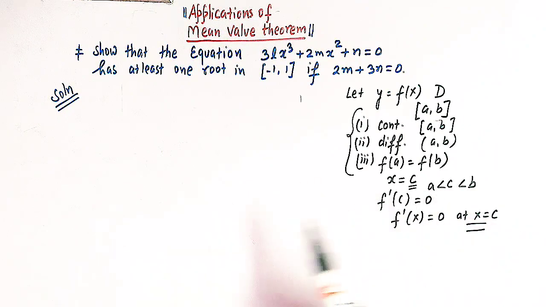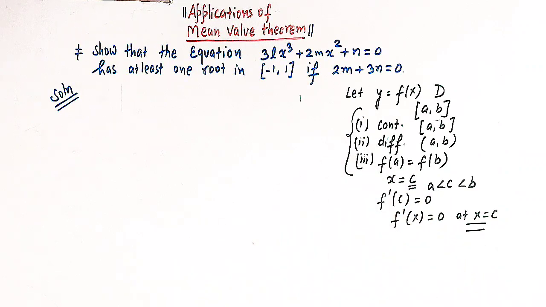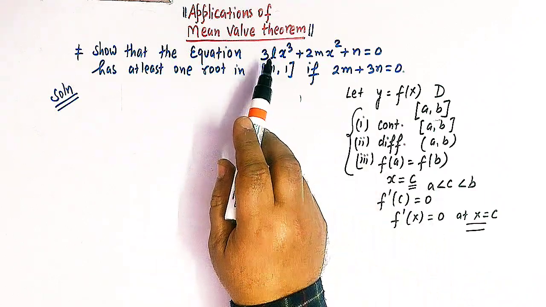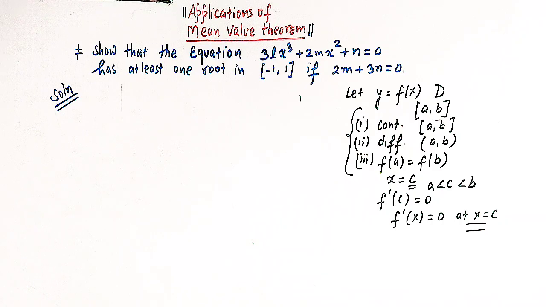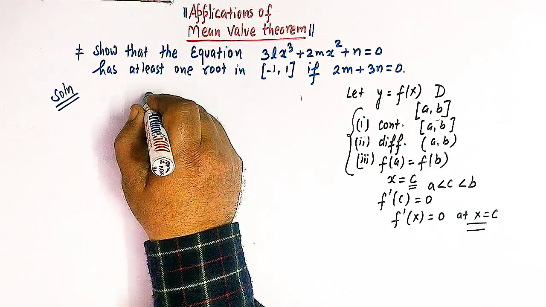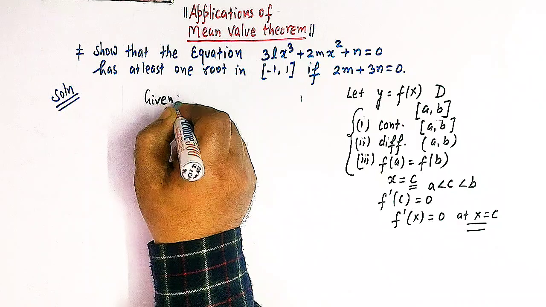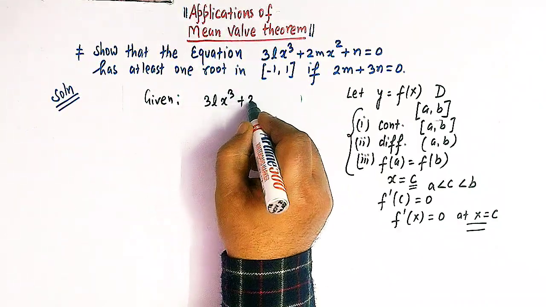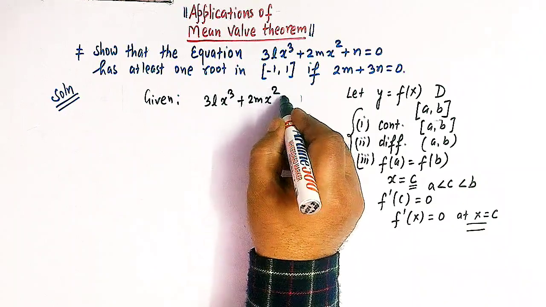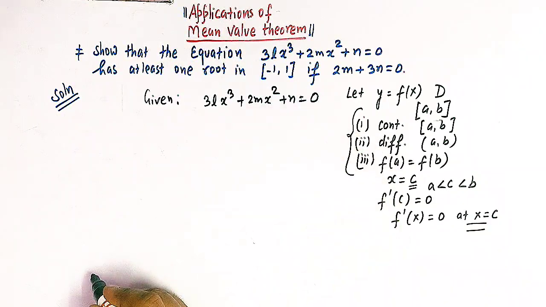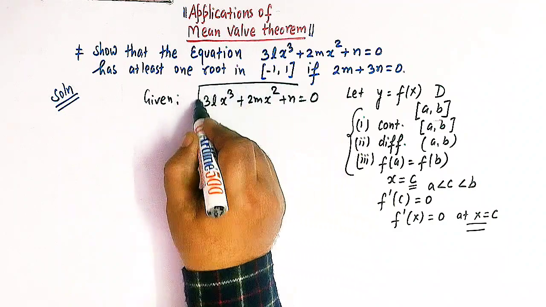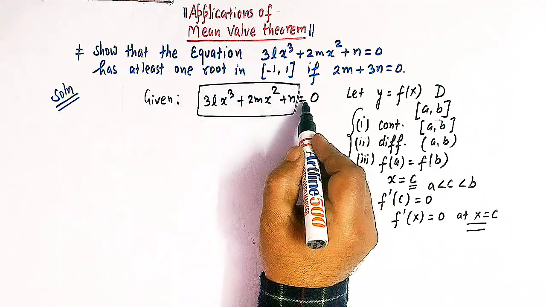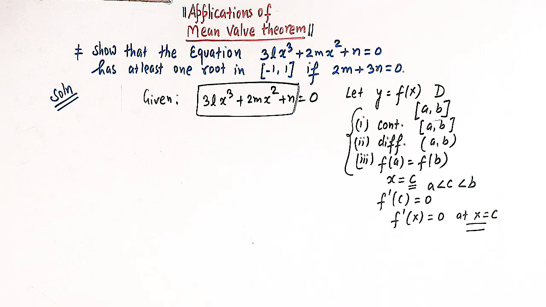We have already discussed Rolle's theorem and the related problems in our earlier videos, but here we'll apply Rolle's theorem to solve this problem. Here we are given this equation, 3l x cube plus 2m x square plus n is equal to 0, so this expression is given to be equal to 0.